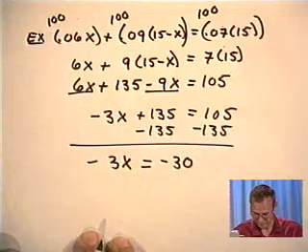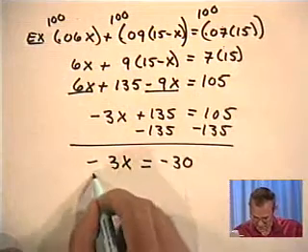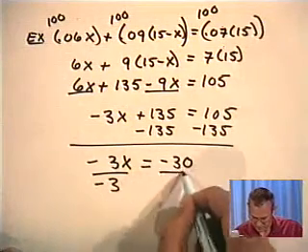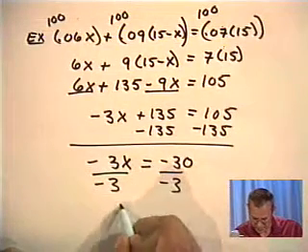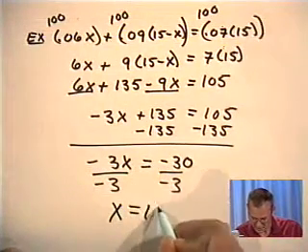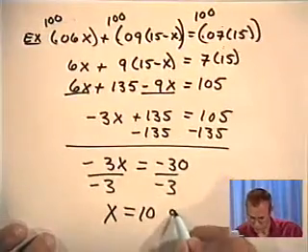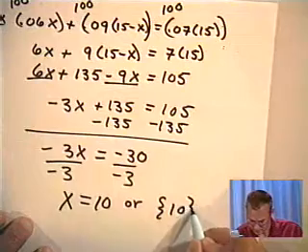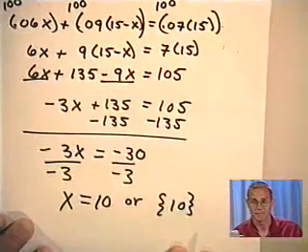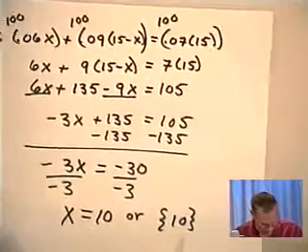We're almost done. We can divide now by negative 3. Negative 3 divided by negative 3 is a positive 1x equals 10. And of course, we could also write our solution as 10. Okay. Let's try one more.